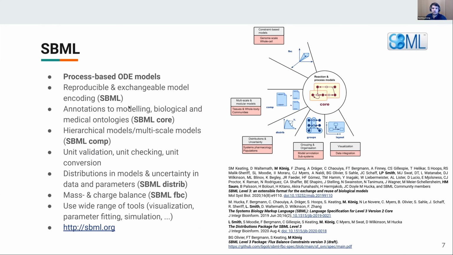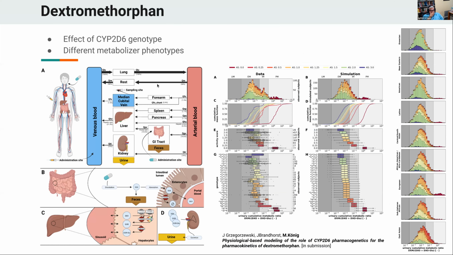We can annotate our models, which is very nice, so that we can directly document what we're doing in our models and what the objects stand for. Very important for us is hierarchical model composition, because we build our models with comp models: one model for the whole body physiology, which connects all the tissues, and separate tissue models, which couple to build a hierarchical model of tissues and the whole body model.